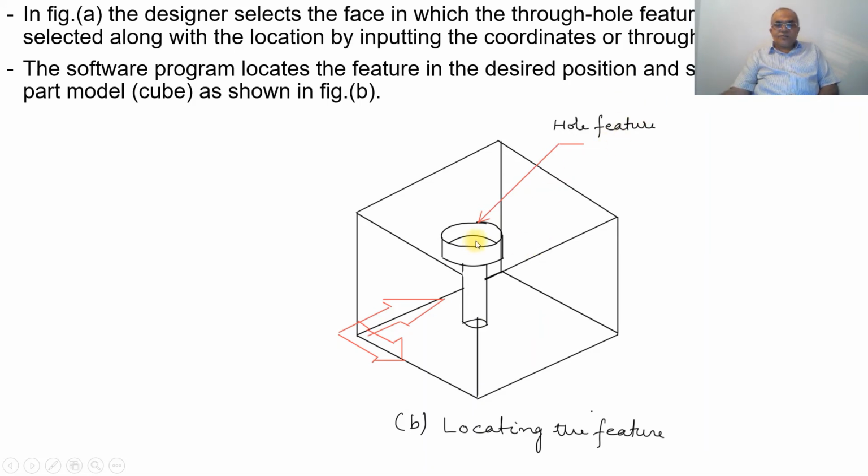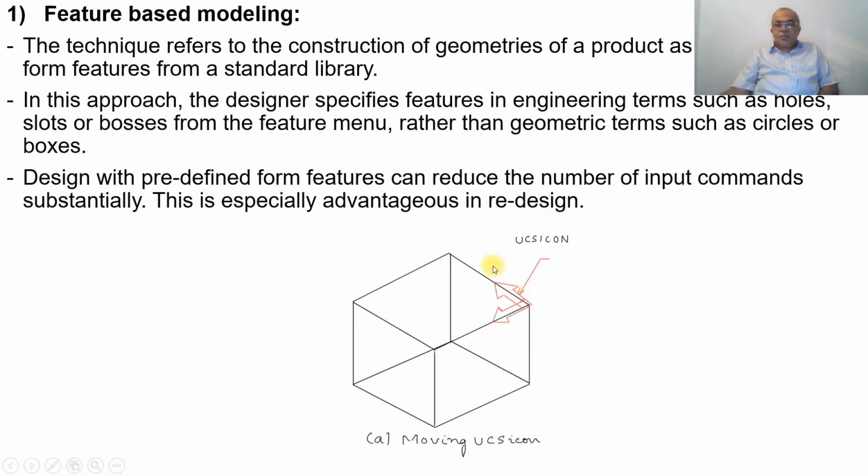This is the hole feature we are trying to create, and this is the UCS icon that is used. It shows where exactly the plane is located. This is the user coordinate system icon, the UCS icon. I can move the UCS icon wherever I want in this plane, but we take whichever reference we want.